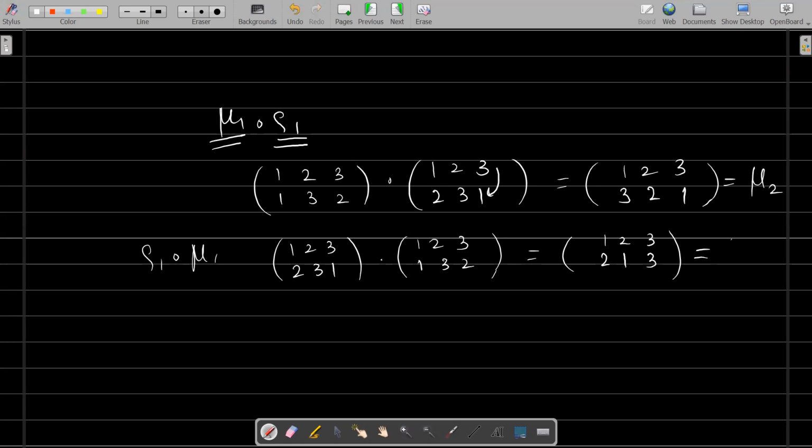And you see this is mu3. So the operation is not commutative: mu1 rho1 is not the same as rho1 mu1. It forms a group, but it's not abelian.